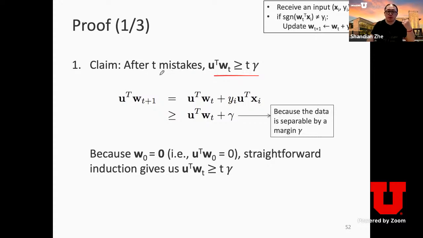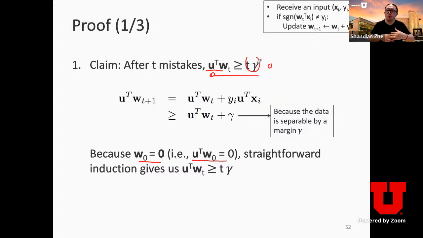When the number of mistakes T is 0. So when T is 0, we have W0, and we know that W0 is 0. So the inner product between U and W0 is 0, so the left-hand side here is 0. At the same time, because T itself is 0, the right-hand side is 0 as well. So I have verified that at the beginning step, the induction assumption is correct, namely this inequality holds as well.